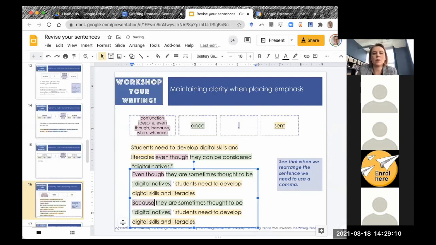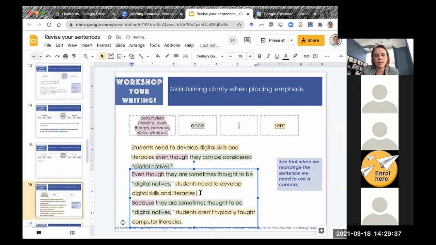So you can start your sentence with because, but you need to have the second half. This is a good question about the comma and that I'm going to get to in a minute. So because they're sometimes thought to be digital natives, students aren't typically taught computer literacies.